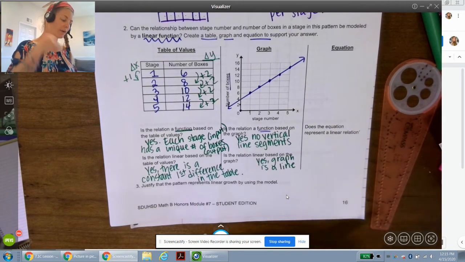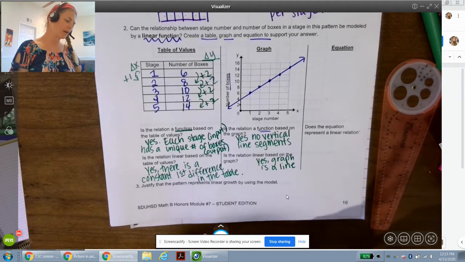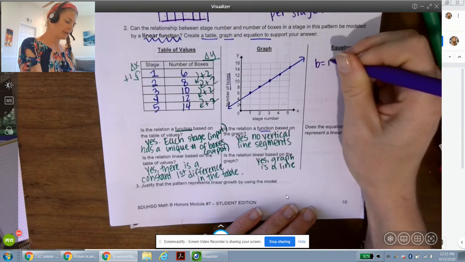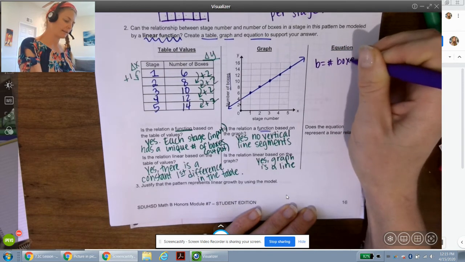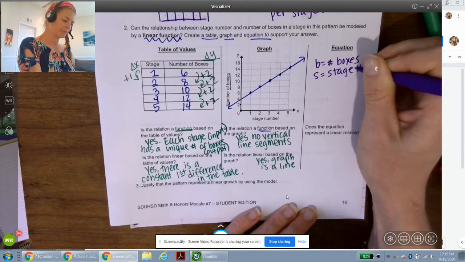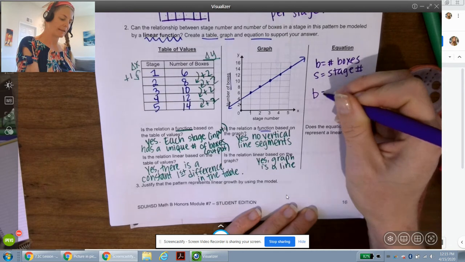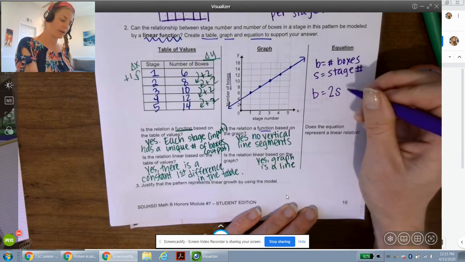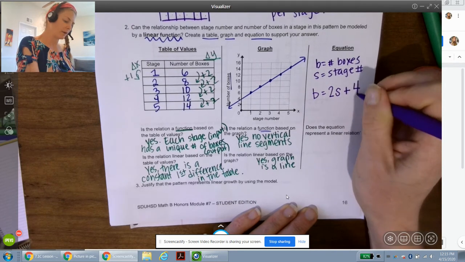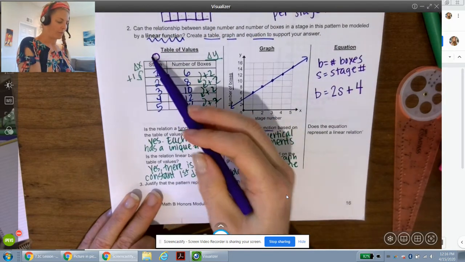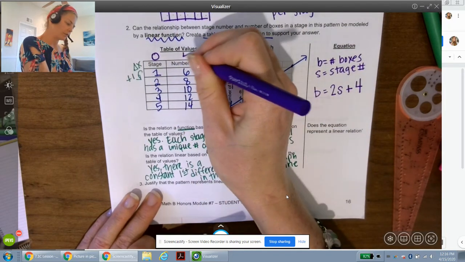Okay. Equation. So what would the equation be for this relationship? Since we can say B is the number of boxes and S equals stage number, the number of boxes at any stage number would be 2S, because 2 is our constant rate of change, plus 4. If we went back to stage 0, we went back 1, we have to go back 2 here, which would be 4.